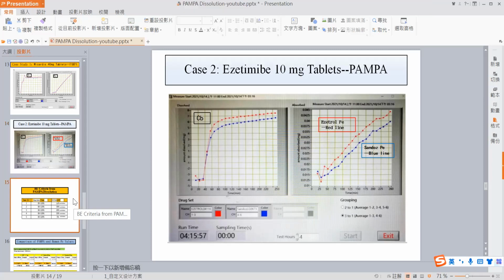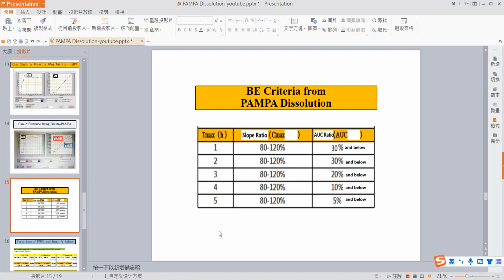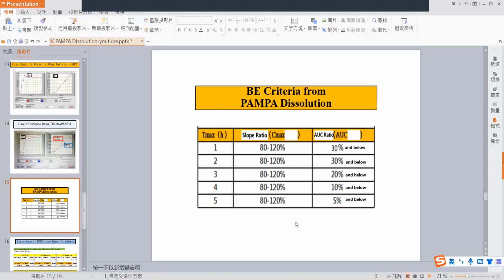Okay, so in this case, we will end up with a table for us to predict the Cmax and AUC. We can see that if you have a drug with a Tmax of 1 through 5 hours, usually for the IR drug, immediate release drug, we need to have a guidance able to predict the Cmax and AUC, right?